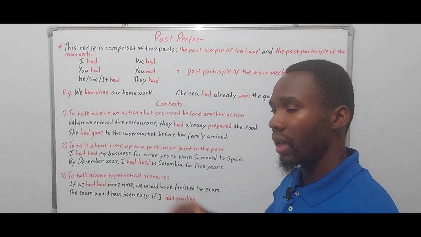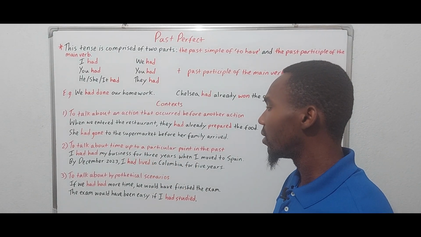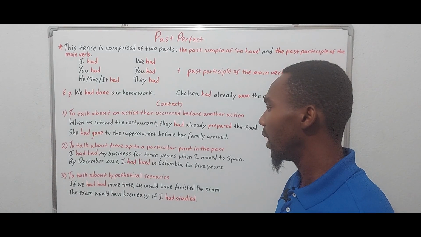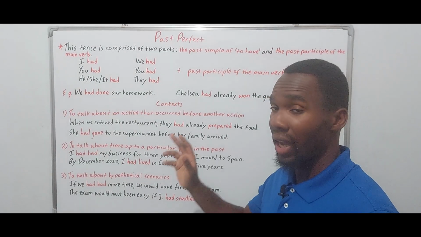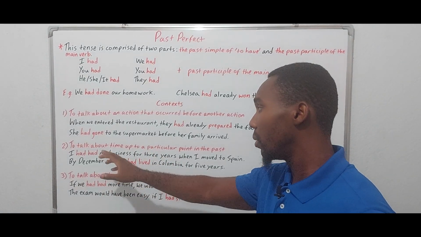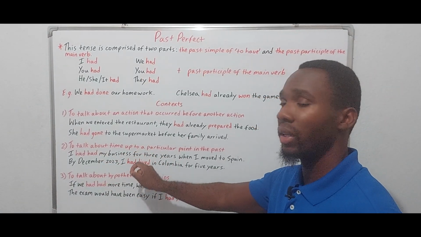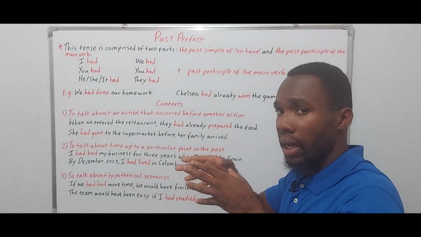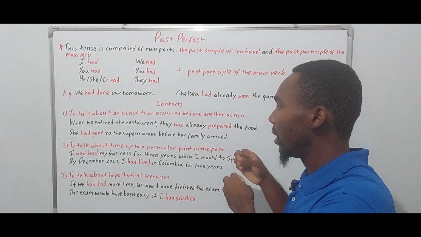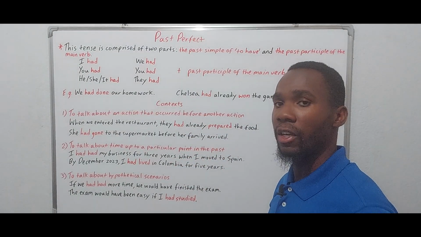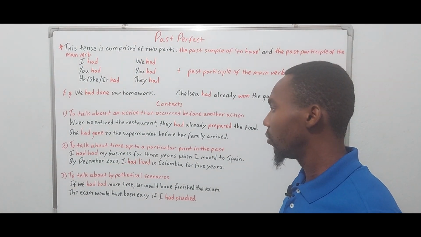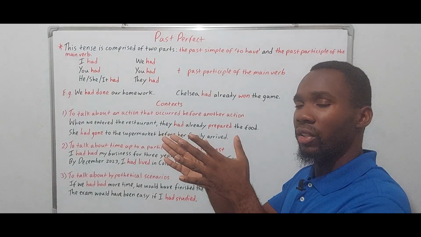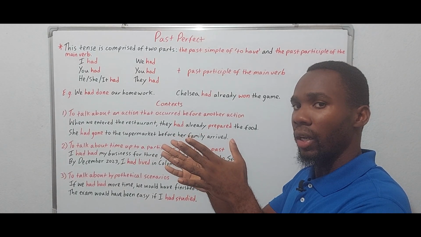So next example. By December 2023, I had lived in Colombia for 5 years. Once again, we have the particular point in question. By December 2023. So up to that point, I had lived in Colombia for 5 years. December 2023, right?